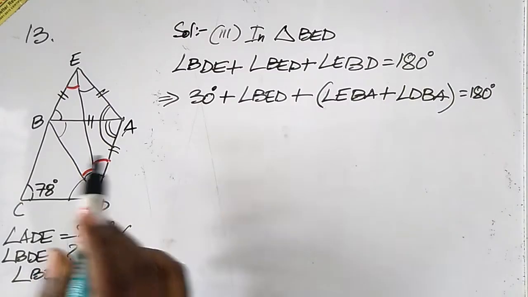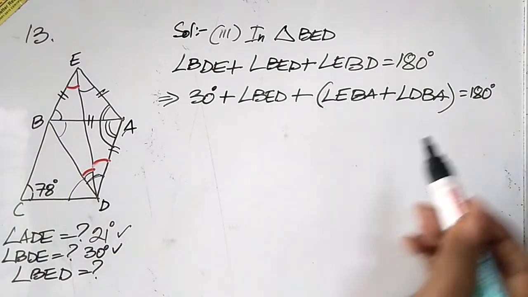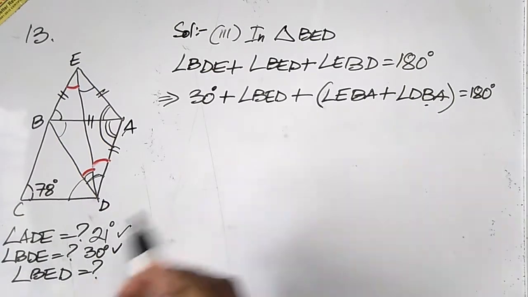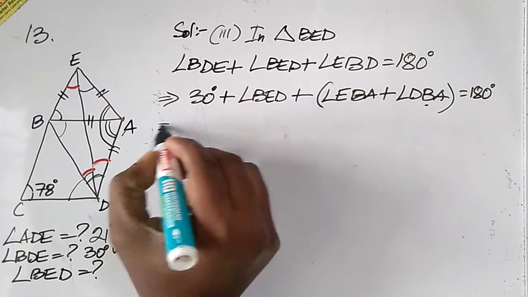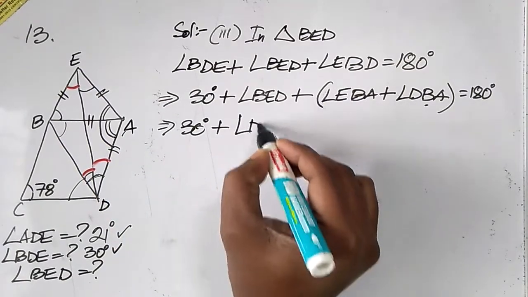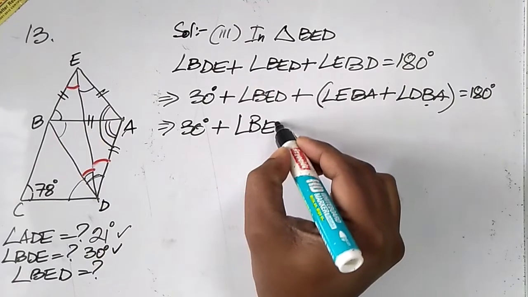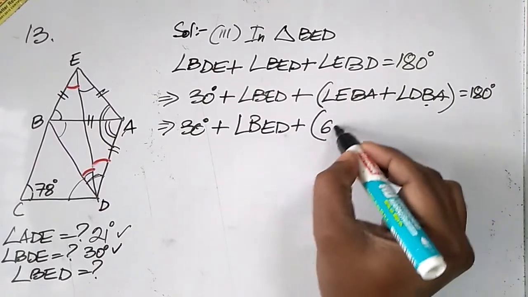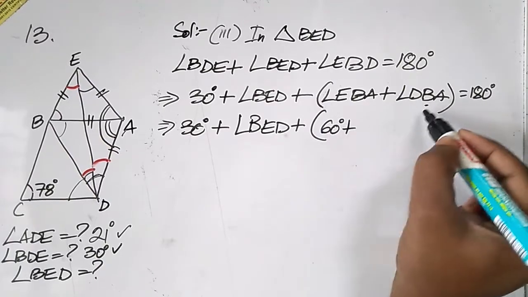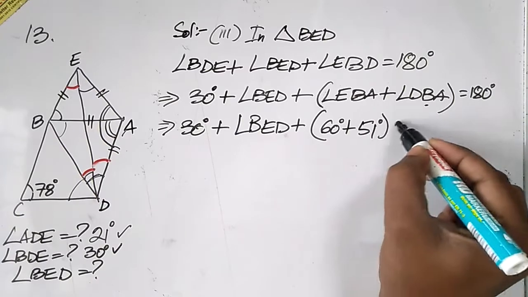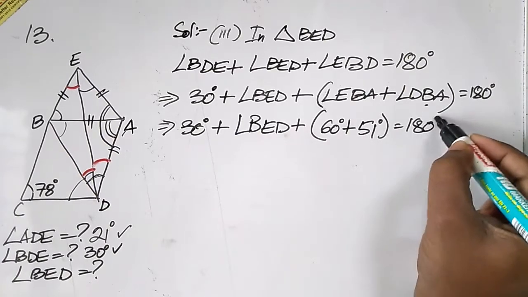When we're solving, I have written it as ABD. It is the same. You just have to remember that the central alphabet denotes that angle. Right, so let's continue. 30 degrees plus angle BED plus EBA is 60 degrees plus ABD or DBA is 51 degrees is equal to 180 degrees.